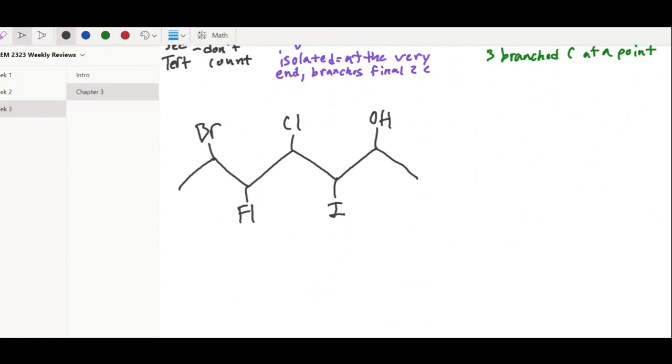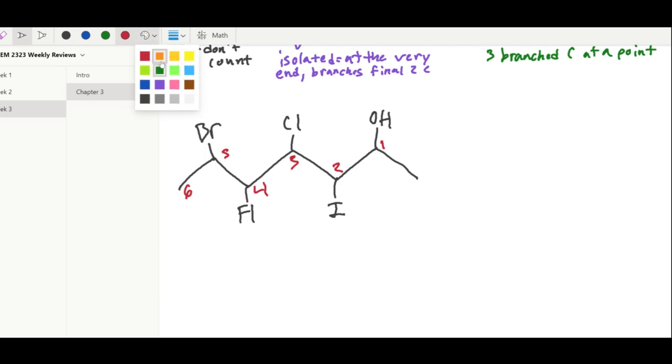Okay, so to number my carbon chain, there is a particular order. Okay, so alcohol is going to take priority over halogens. Which is why our carbon number 1 is actually going to be right here, not over there. Okay, so this is 1, 2, 3, 4, 5, 6.